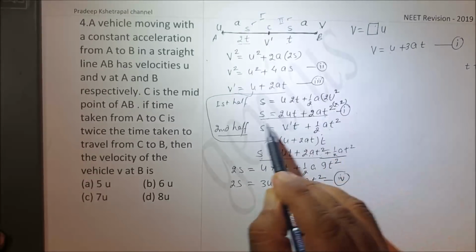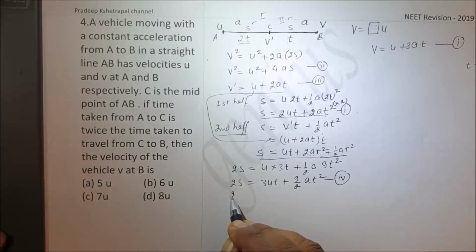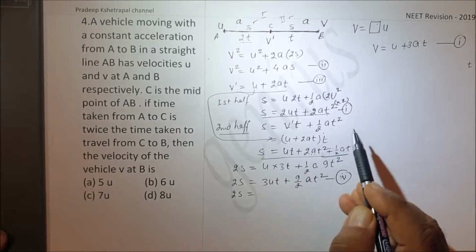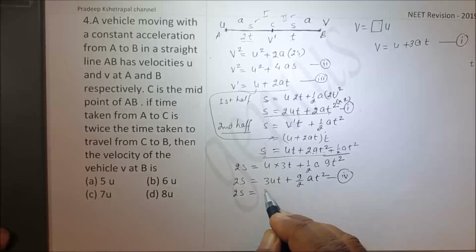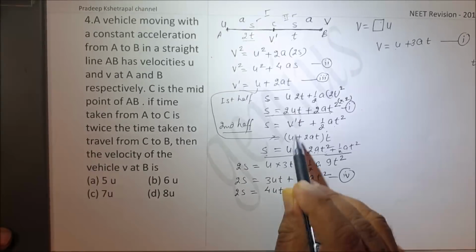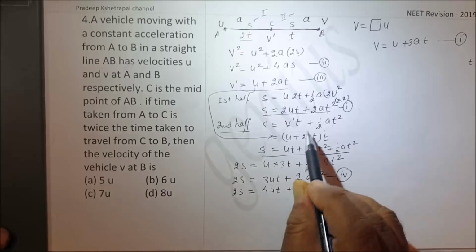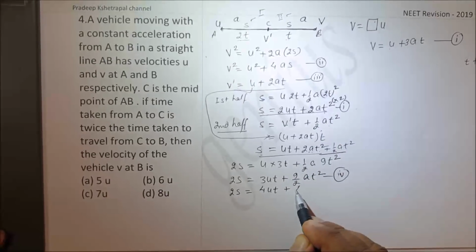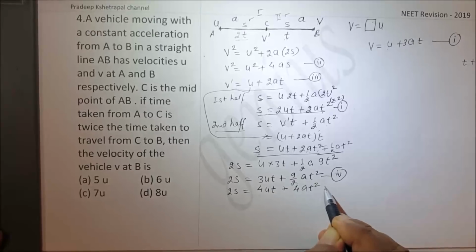So this 2 will make it 2S is equal to 2 2s are 4ut, 4ut plus this is 2 2s are 4at square.